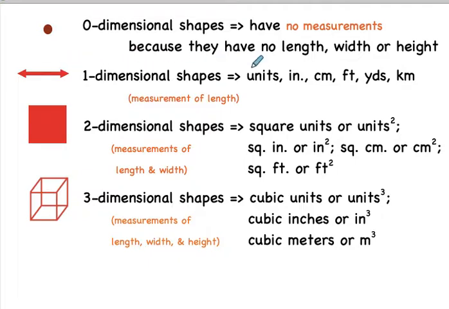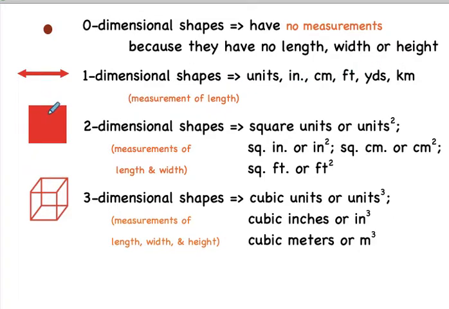The labels we give them are units, if we don't know the name of it. Could be inches, centimeters, feet, yards, kilometers. It could be all of the other linear measurements that I've not mentioned.